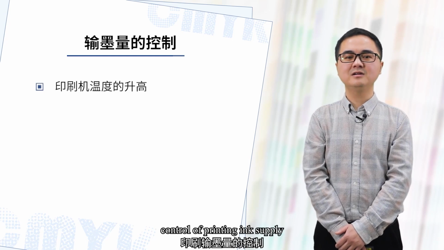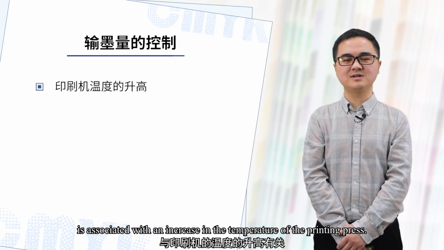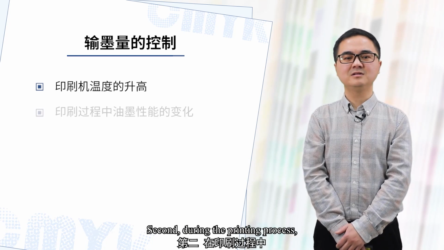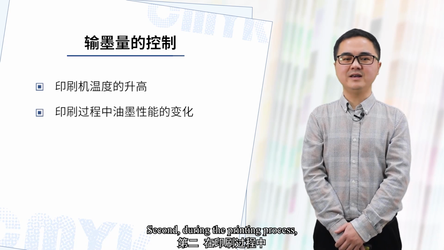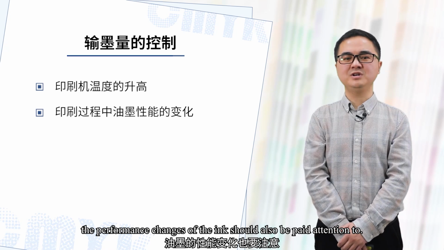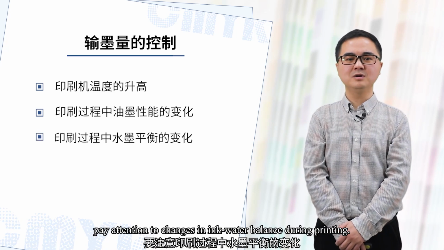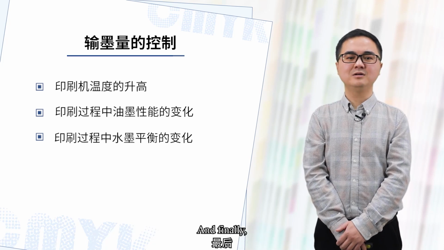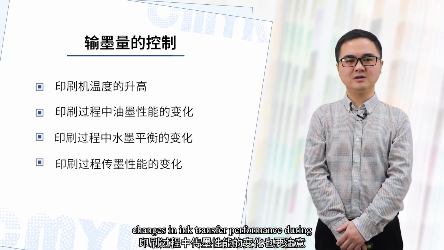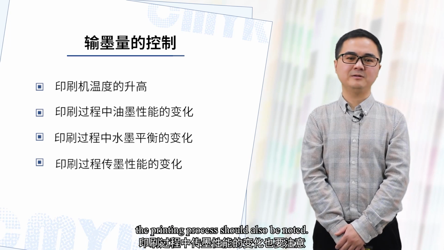First, control of printing ink supply is associated with an increase in the temperature of the printing press. Second, during the printing process, the performance changes of the ink should also be paid attention to. Third, pay attention to changes in ink-water balance during printing. And finally, changes in ink transfer performance during the printing process should also be noted.